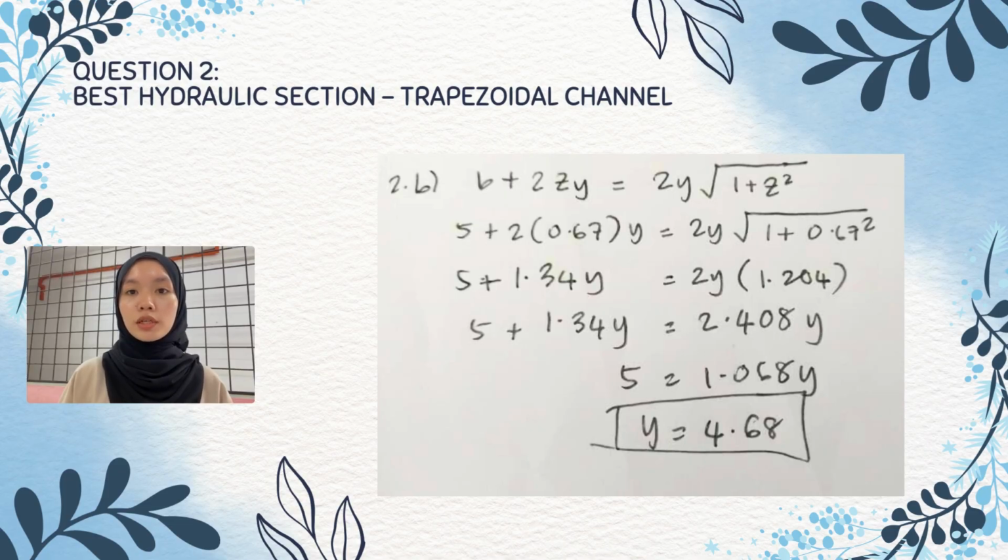So using formula b plus 2zy equals 2y square root 1 plus z square, just plug in the side slope data, which is 0.67 into z, and then solve the equation and calculate till we get y equals 4.68 meter.